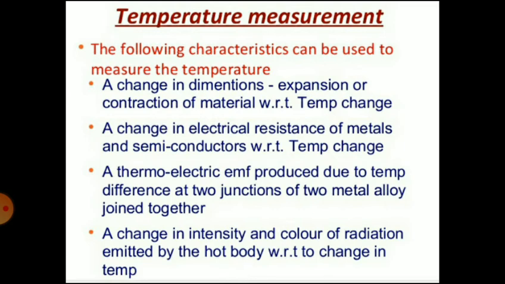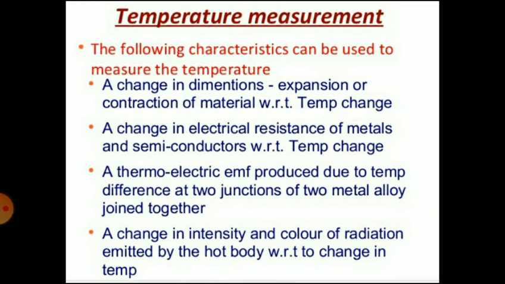So in short, we can say: first, the change in dimensions, that is expansion or contraction of material with respect to temperature change, which has to be measured to measure the temperature. Second, when there is a temperature change, there is a change in electrical resistance of metals and semiconductors that you can measure.